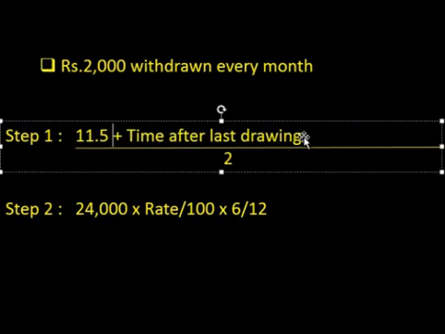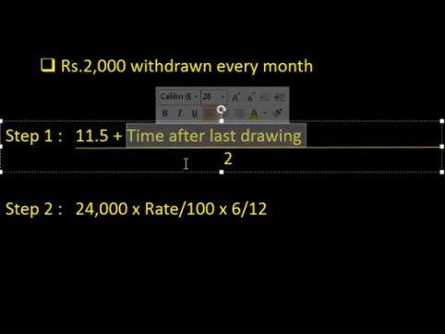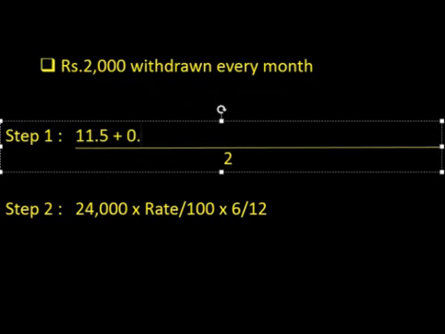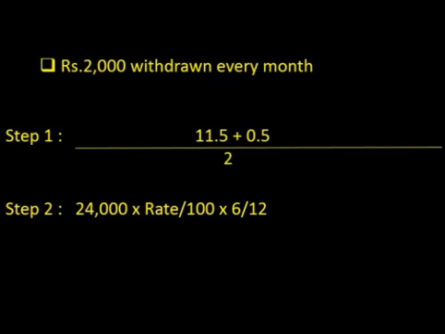Time after last drawing: it means the last drawing is made on 15th December. So time after last drawing will be 0.5, it means half month, over 2. So 11.5 plus 0.5, 12 over 2. It means your average period will be 6.